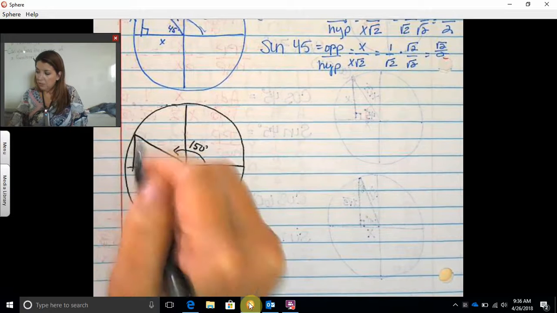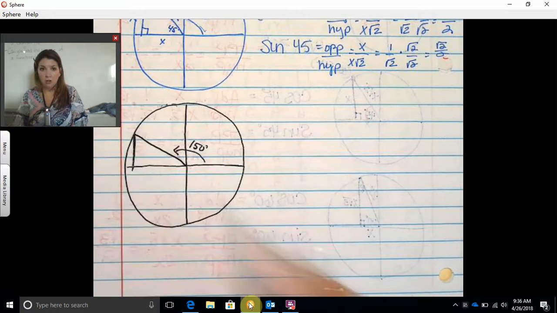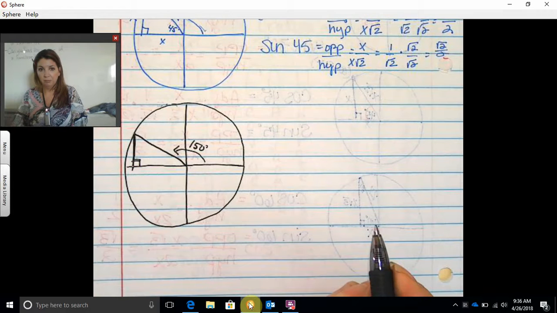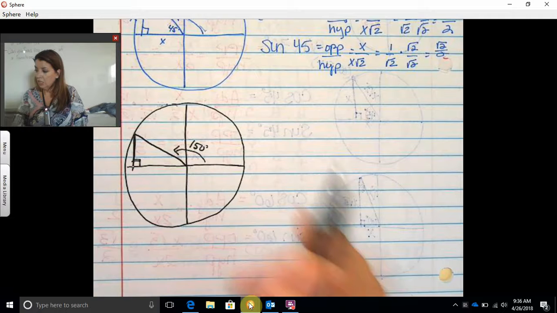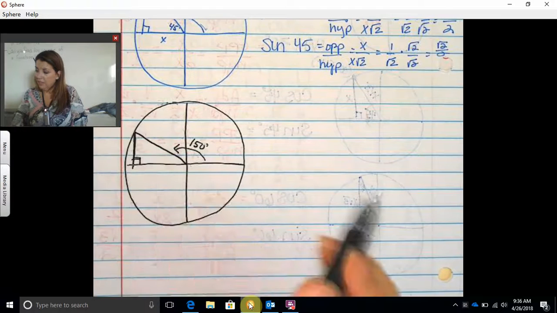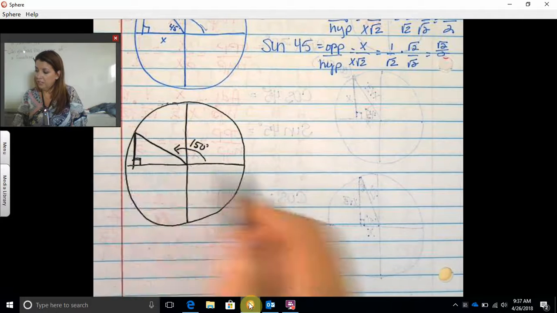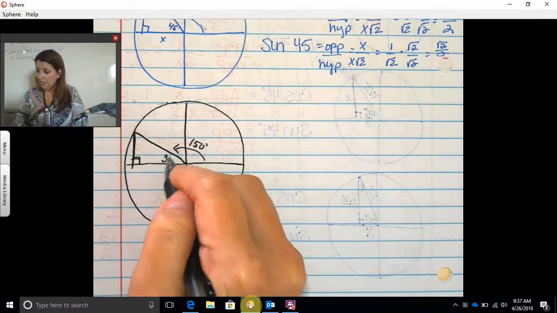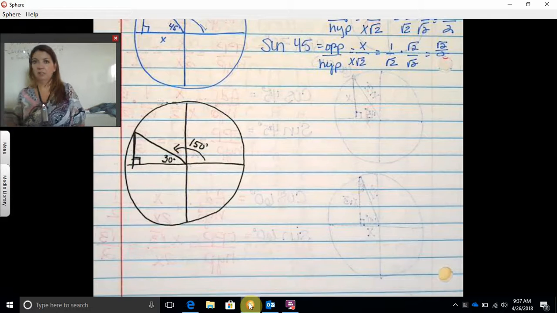We just go to the point where it intersects the circle and draw a line straight down, and that forms a 90 degree angle. Okay? So if it was 150 degrees from here to here, how many degrees do we have left before we hit that semicircle? 30 degrees, right? Because there are 180 degrees in a straight line.